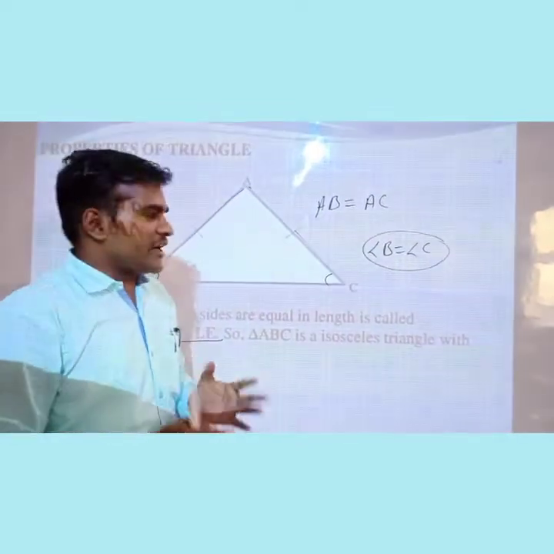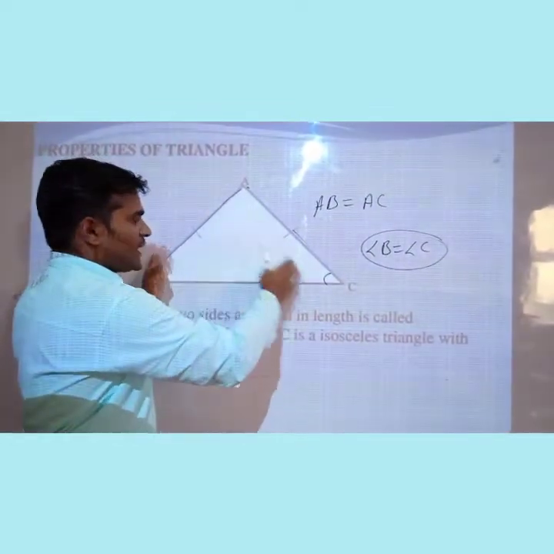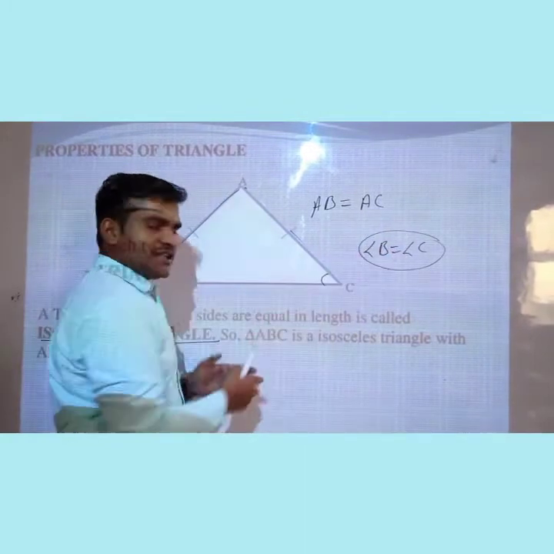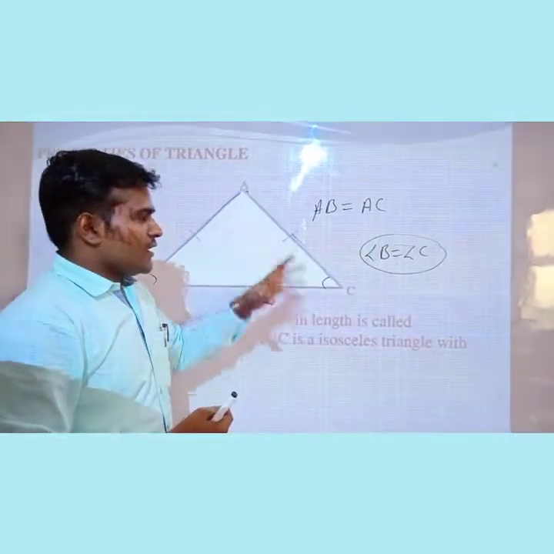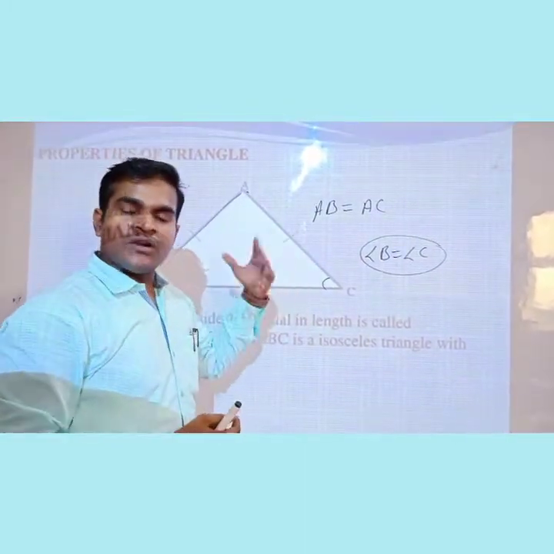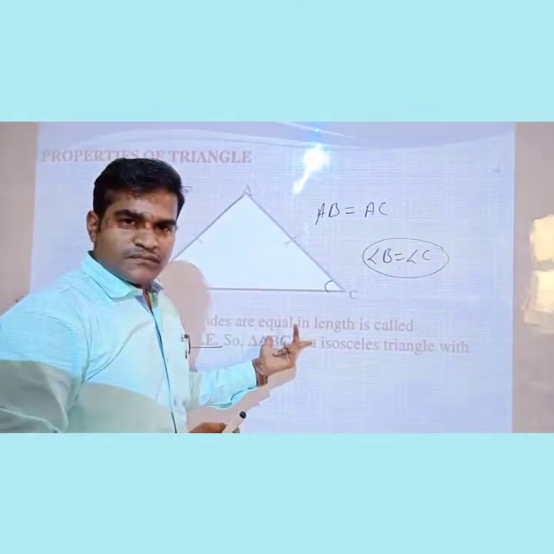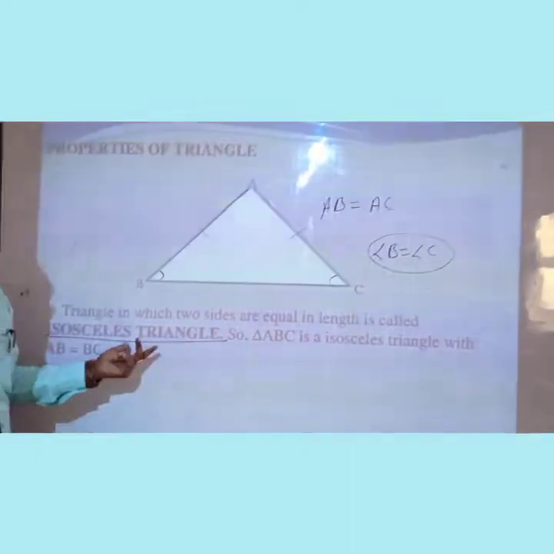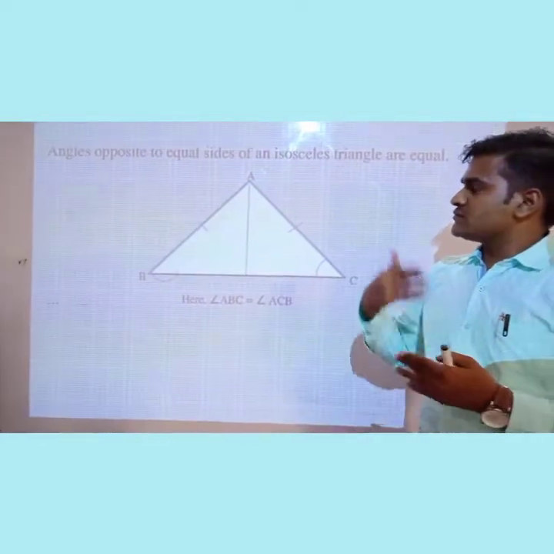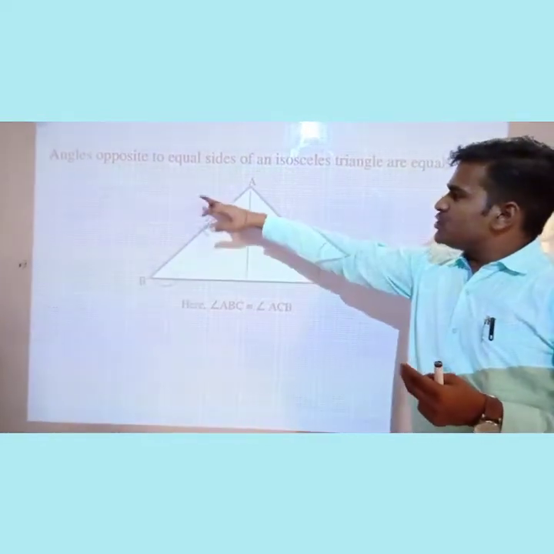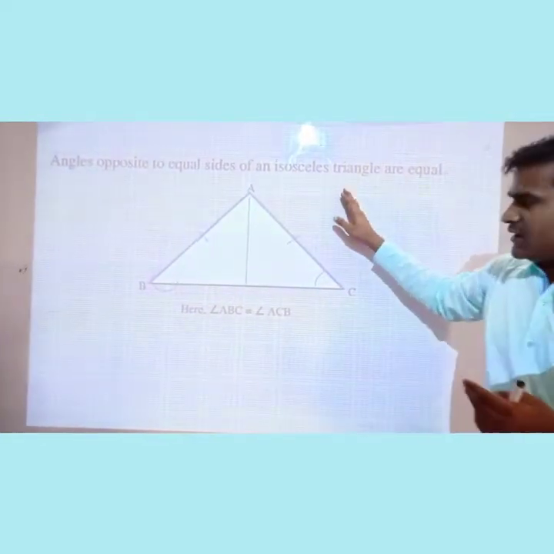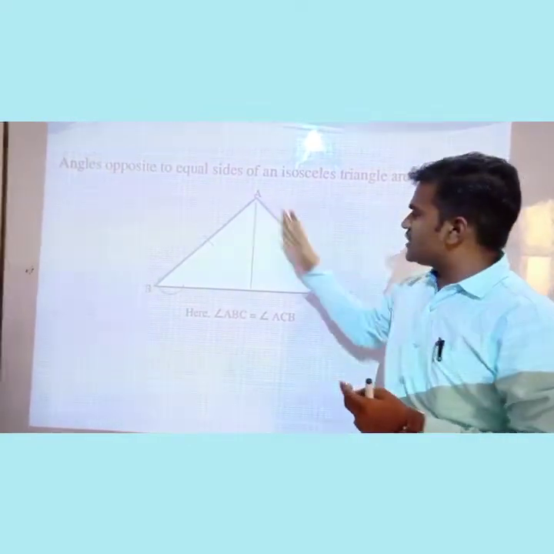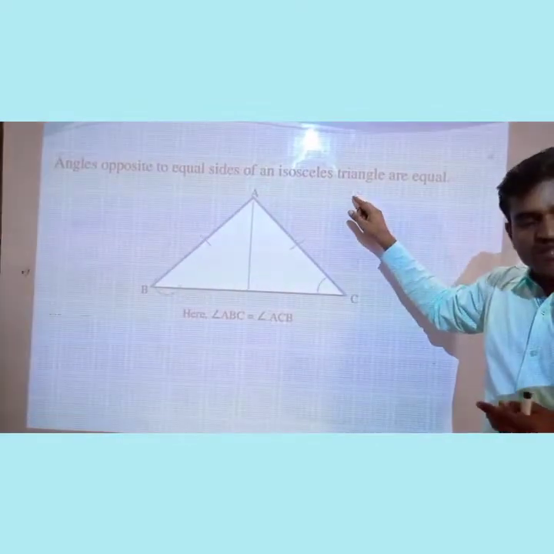In this class, children, we will prove angle B is equal to angle C by applying criteria for congruency of triangles. As I said, angles opposite to the equal sides of an isosceles triangle are equal.